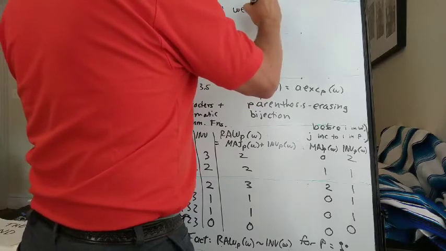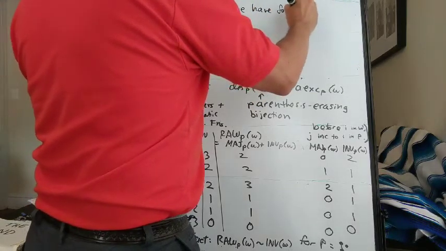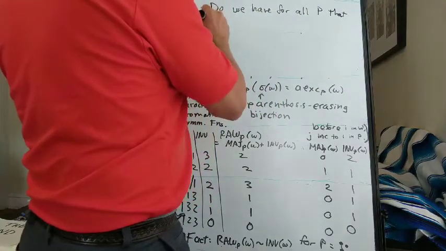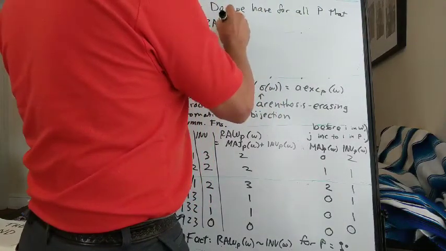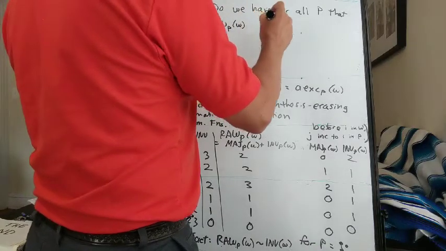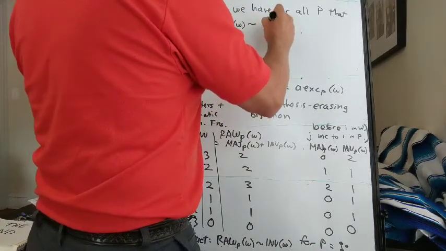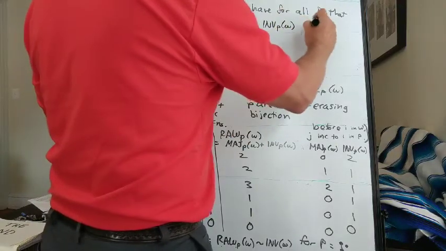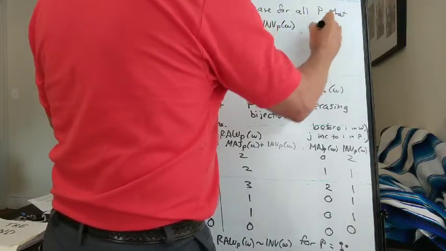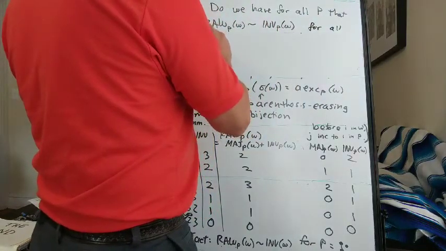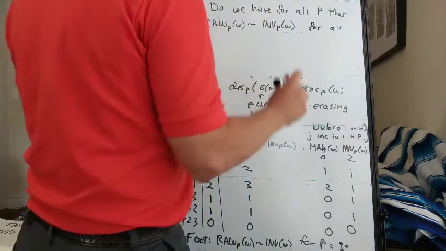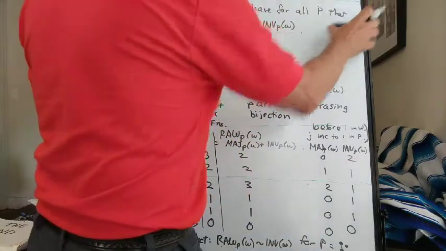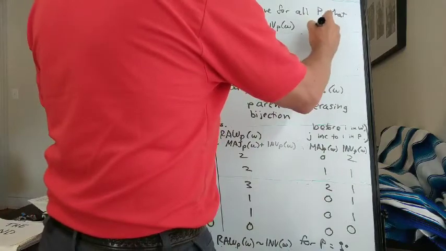So the question is, do we have, for all P, that the Rawlings P statistic of W is distributed just like inversions, on Sn?